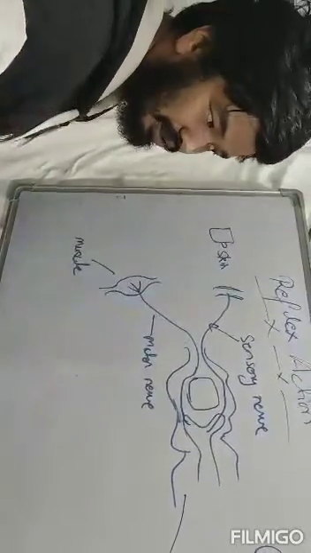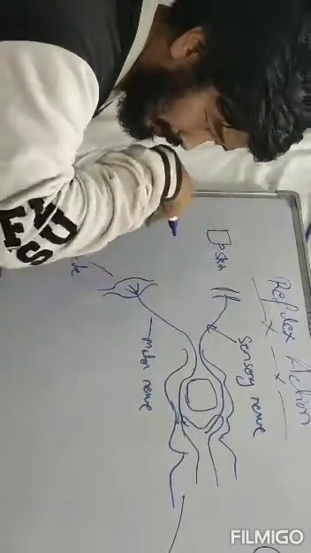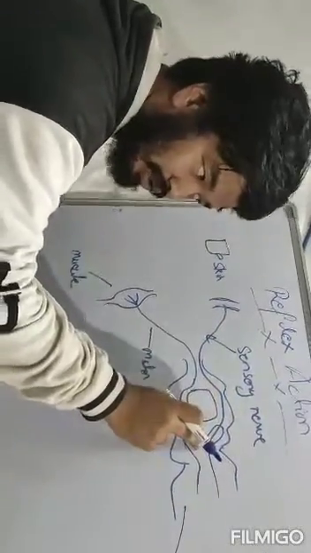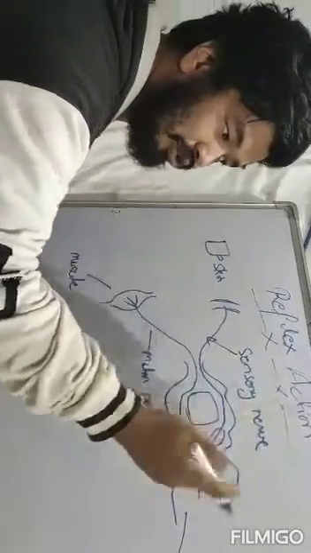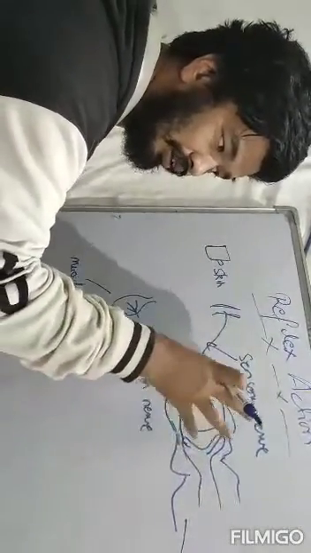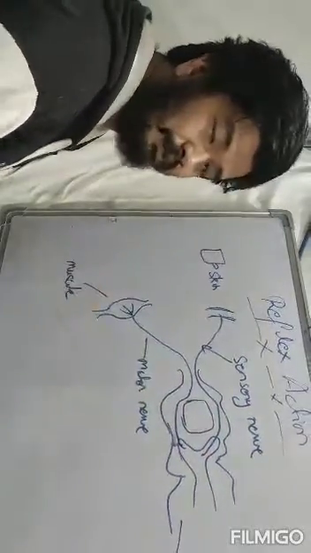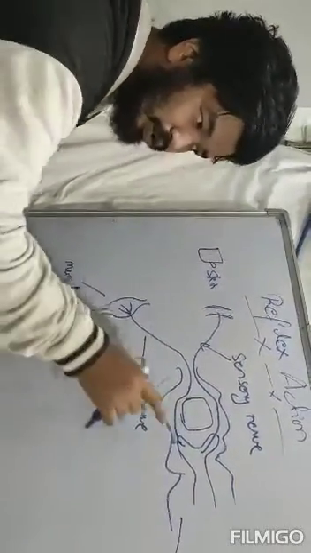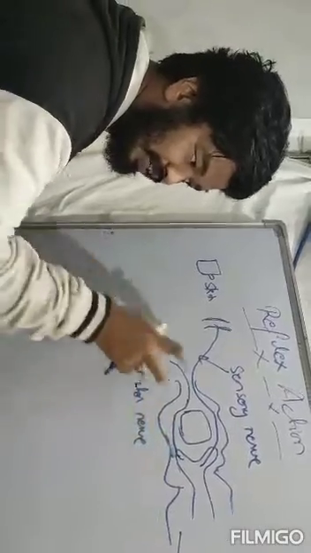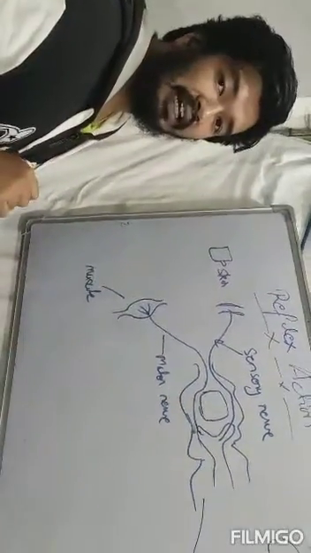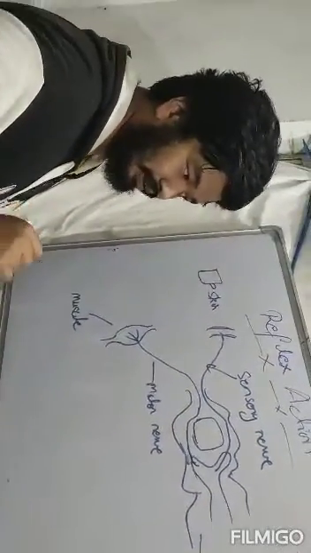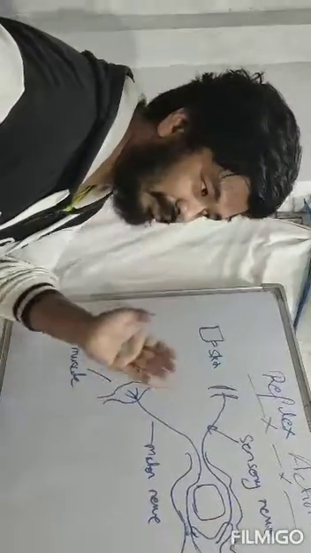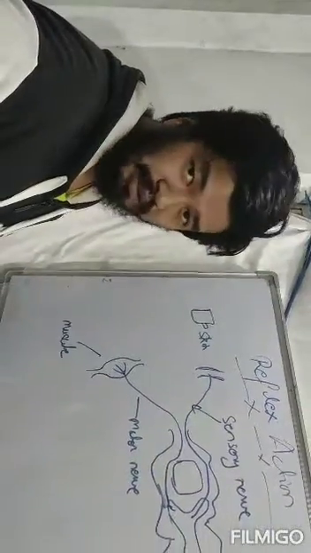During reflex action, the signal is traveled from the skin, and as soon as it reaches here, instead of the signal going to the brain, the spinal cord itself responds to the motor nerve, and the motor nerve is attached to your muscle. The motor nerve will get the signal, and you will pull your hand back. So this shows the reflex function. Reflex action takes place with the help of the spinal cord. Why?